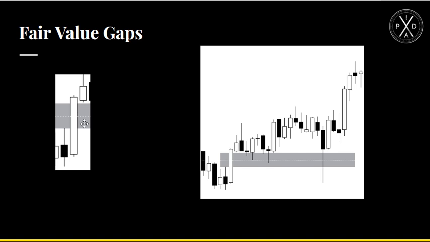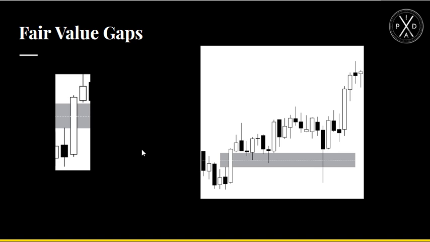All right, so a fair value gap is this pattern in price where we have a high of the first candle. So a fair value gap is a 3-candle formation, right? So you have candle number 1, you have candle number 2, and then you have candle number 3 right here.